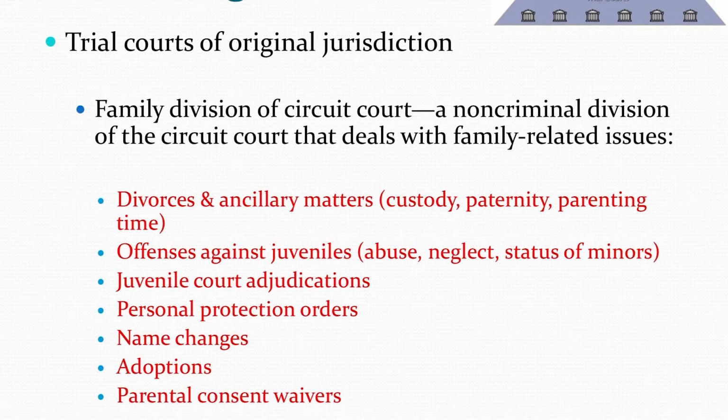When somebody's harassing you, somebody's stalking you, you can go in and get a personal protection order against them. Name changes. You get married, you need to change your name. You get divorced, you need to change your name. Adoptions. You want to adopt somebody, there you go. And parental consent waivers. So all of these are family-related matters, but the family courts deal with it.